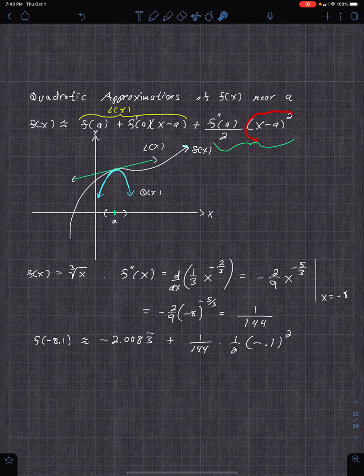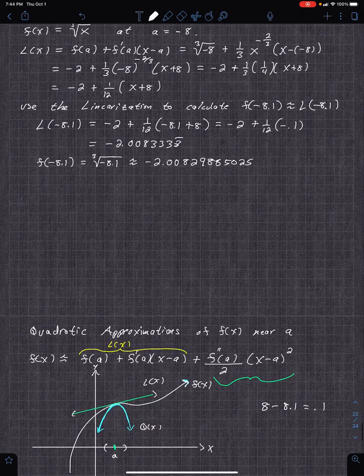And then evaluating here, that's your 8. You're at your point 8 minus the point 8.1. So just to be clear, you're doing 8 minus 8.1, which is 0.1, or put in the correct negatives and stuff.